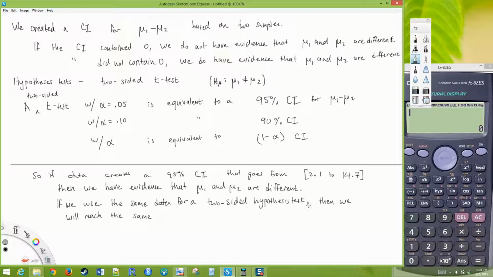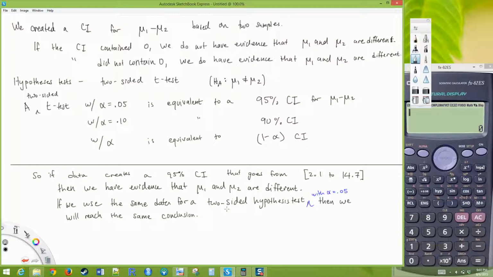I should say two-sided hypothesis test with alpha equal to 5%. I need to specify that. So the conclusions will be the same, but the numbers will be different. It's different calculations. So then we will reach the same conclusion.